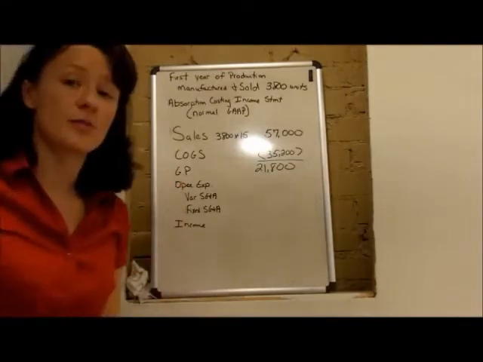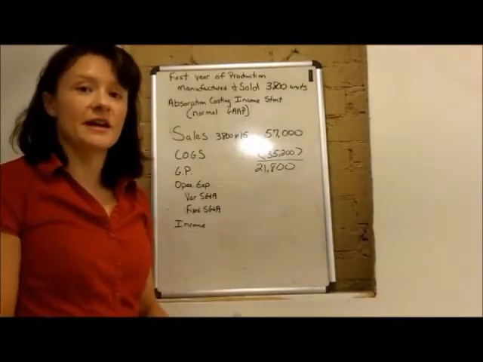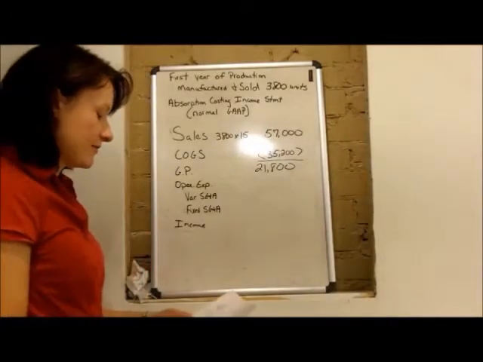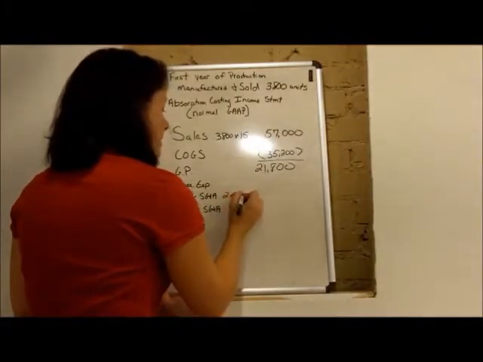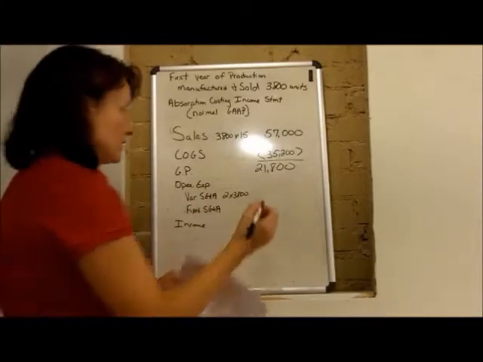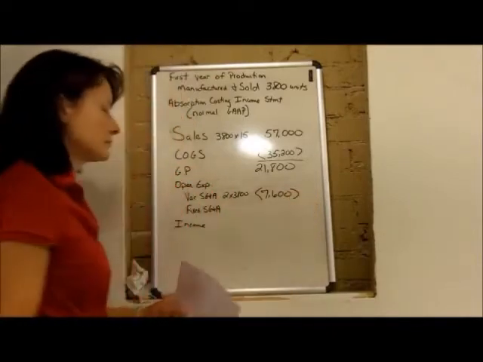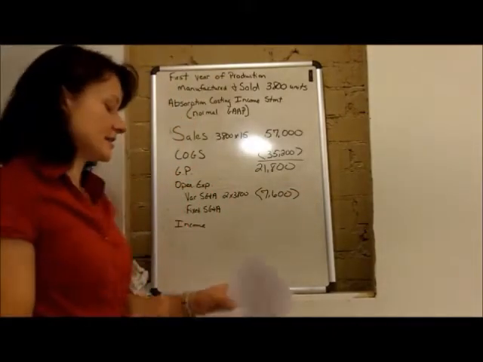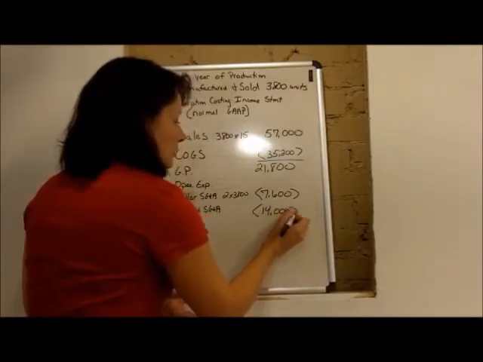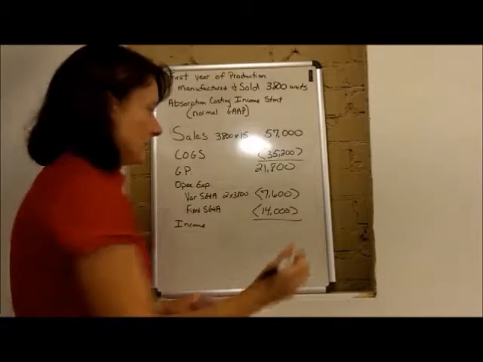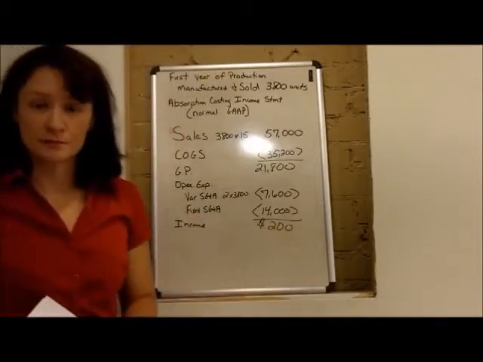From there, then we look at the operating expenses. Operating expenses are period costs. They're recognized in the period that they're incurred. So we had variable SG&A of $2 per unit. We have 3,800 units sold, so $7,600. And then we had the fixed SG&A of $14,000 to give us income of $200.